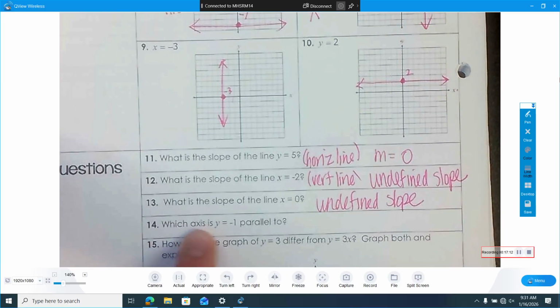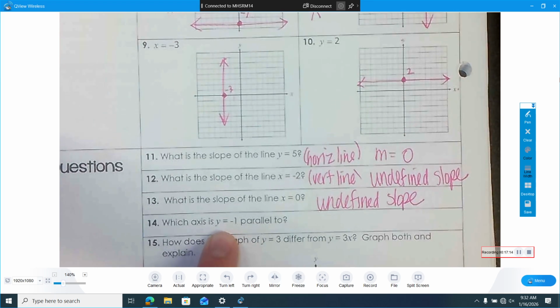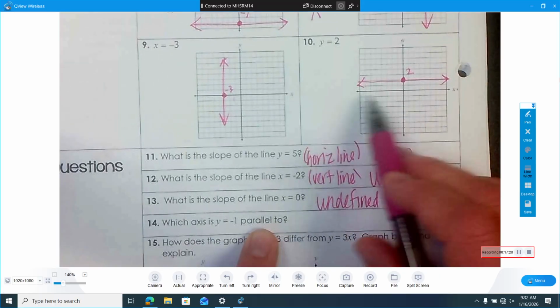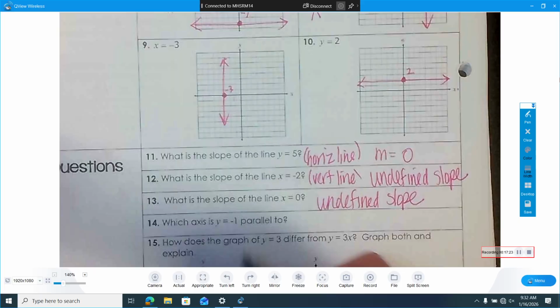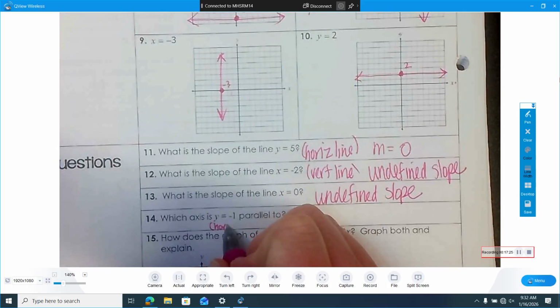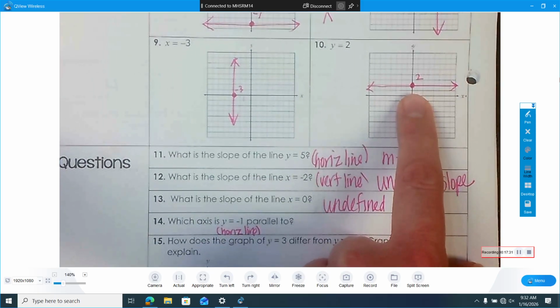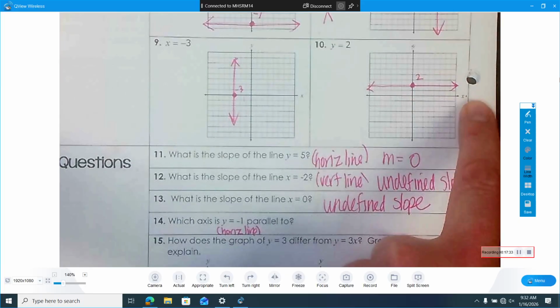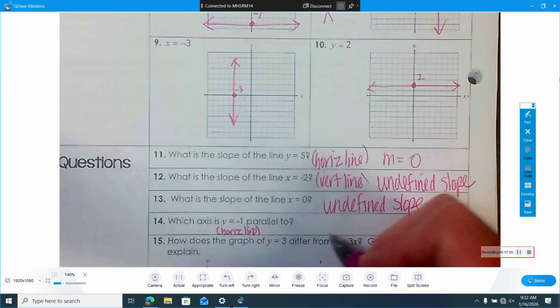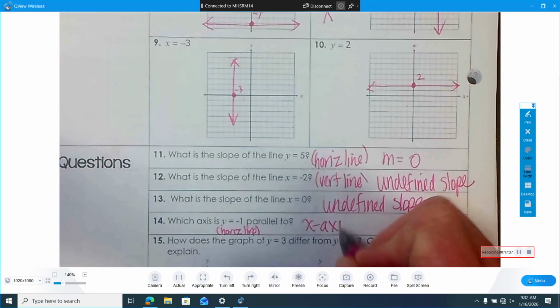Which axis is the line y equals -1 parallel to? Ooh, interesting. The x-axis, yeah. Y equals -1 is a horizontal line, much like this one right here. And it's parallel to the x-axis. So x-axis.